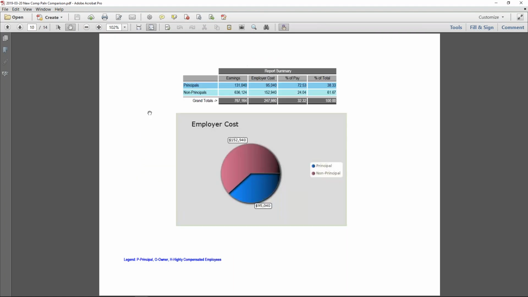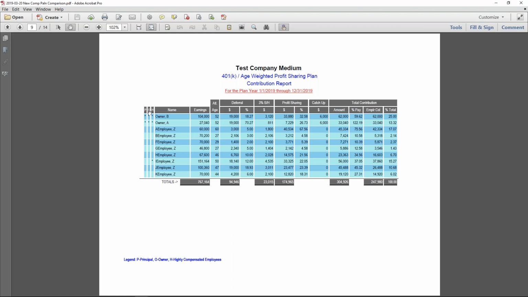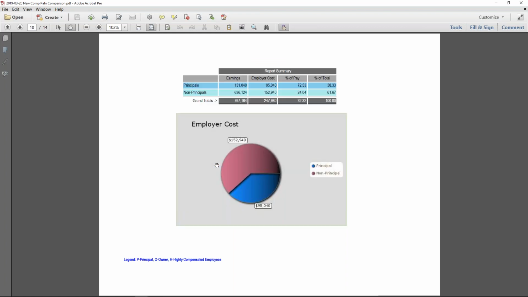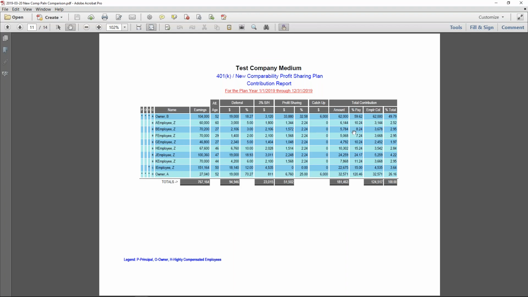Now, on one of the other slides that I'll show you, here is what I wanted to show. Look at this, owner A, 27,000 salary, total contribution 33% of pay, $122,000, 122% of their pay going into that on a percentage of pay basis.